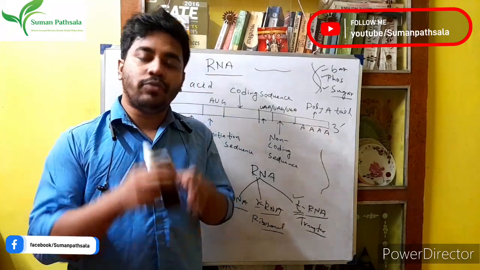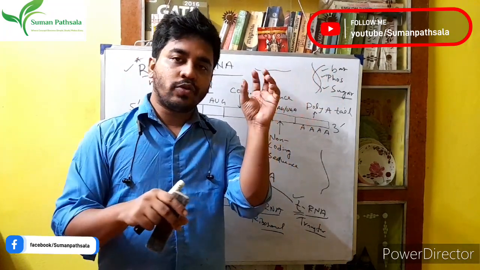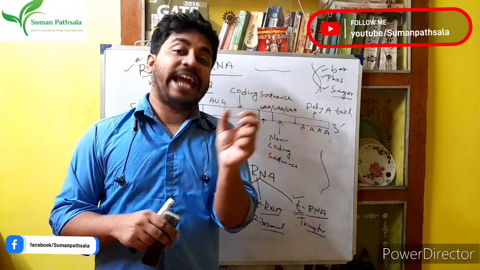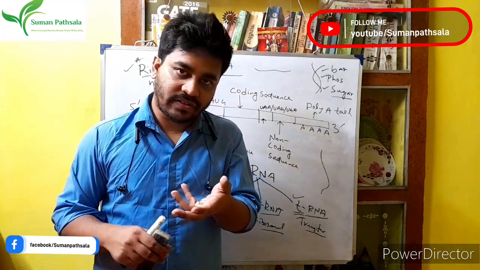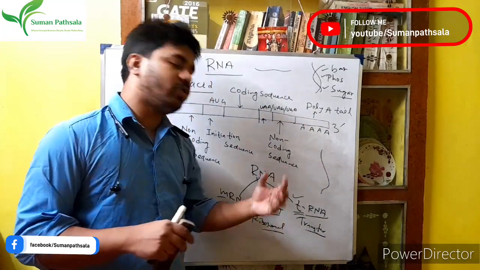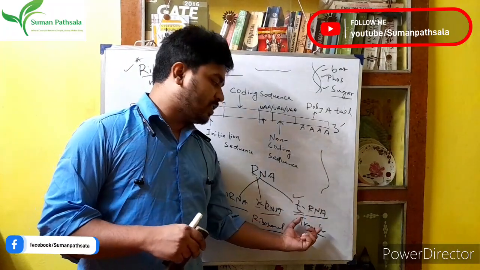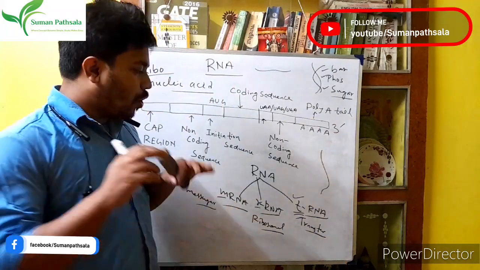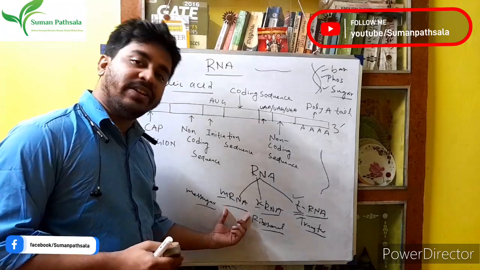In the same way, within the cell, to carry information, tRNA acts as a carrier for protein synthesis. You all know that RNA is also used for protein synthesis, right? So they also use tRNA. So now we understand all of them. In this video we talk about mRNA in detail.